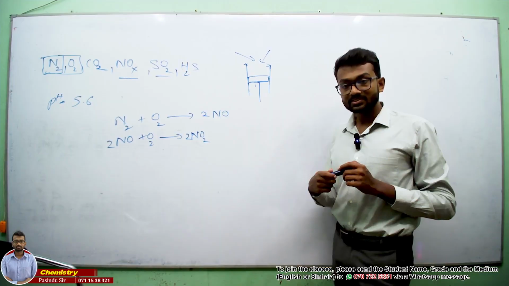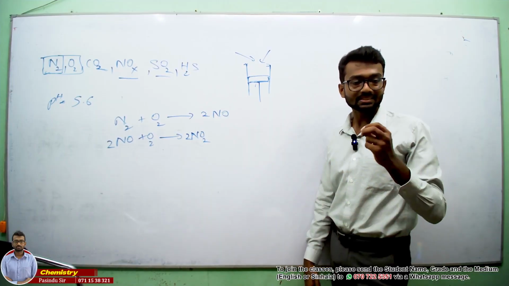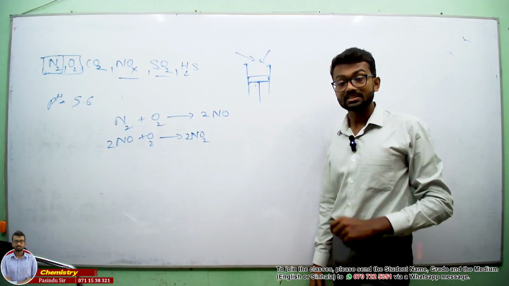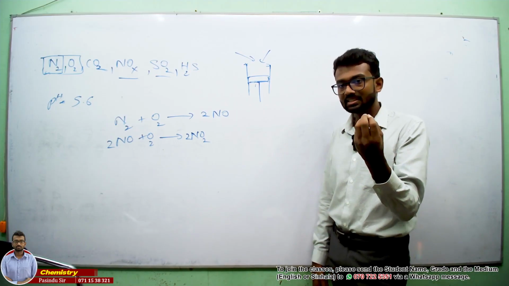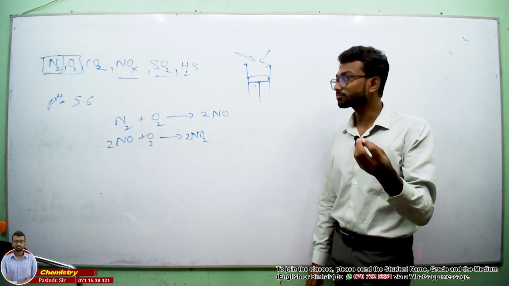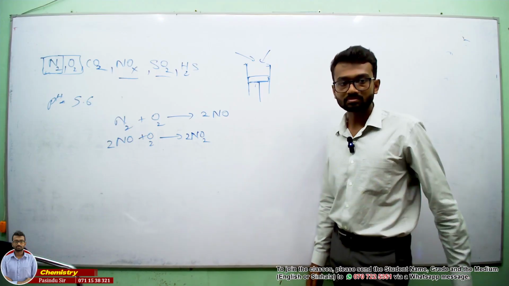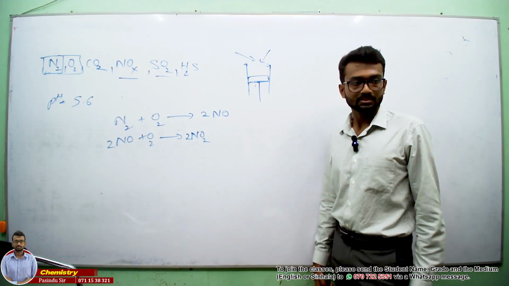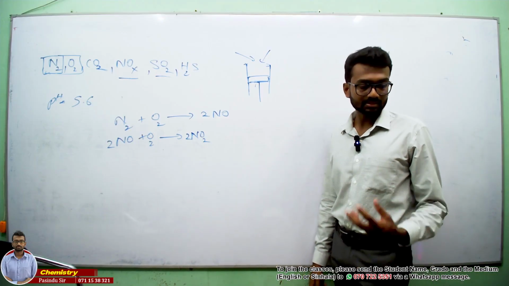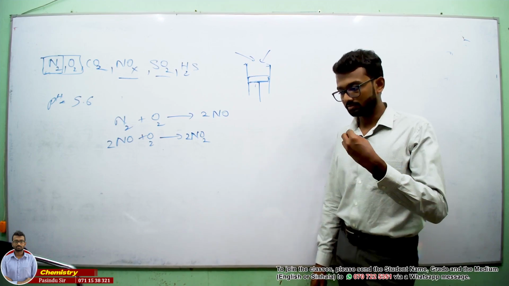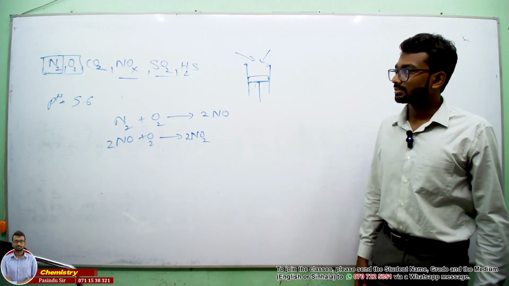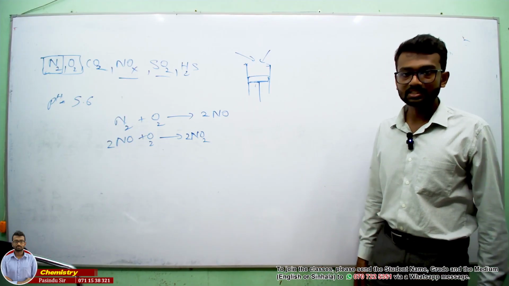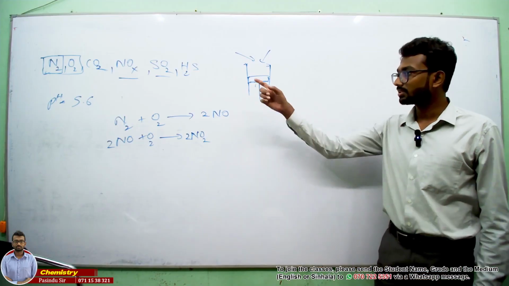This environment is very hot and it contains a huge amount of energy. That energy and temperature are enough to trigger the nitrogen bond and initiate the reaction of nitrogen and oxygen.